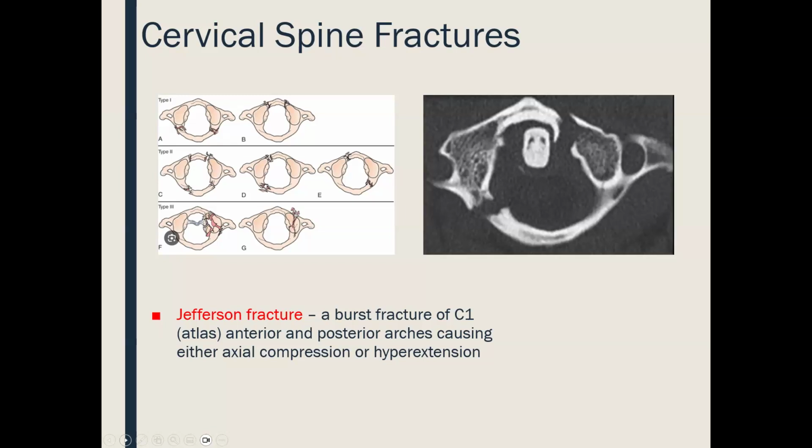C1 is a bony ring, we know that, with two wedge-shaped lateral masses connected by thin anterior and posterior arches and a transverse ligament. So there are different types and severities of Jefferson fractures, and of course, type 3 is the worst of all.